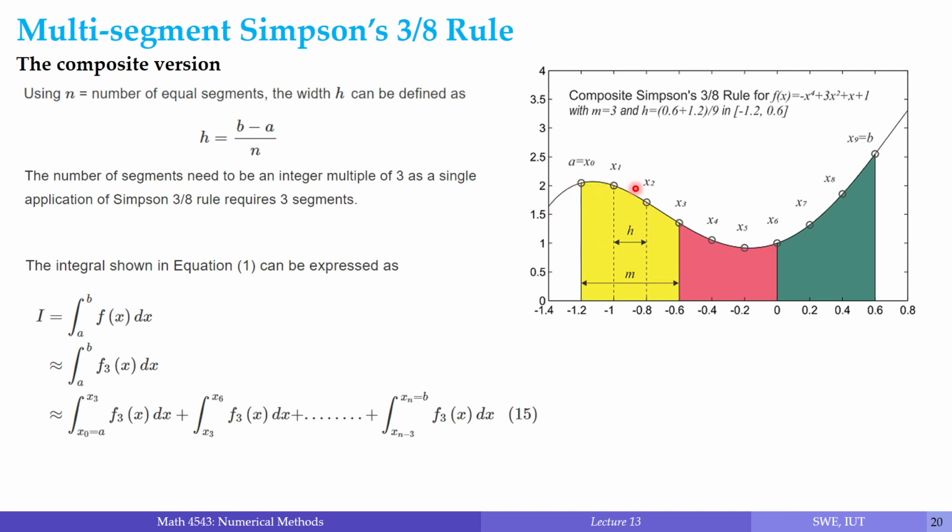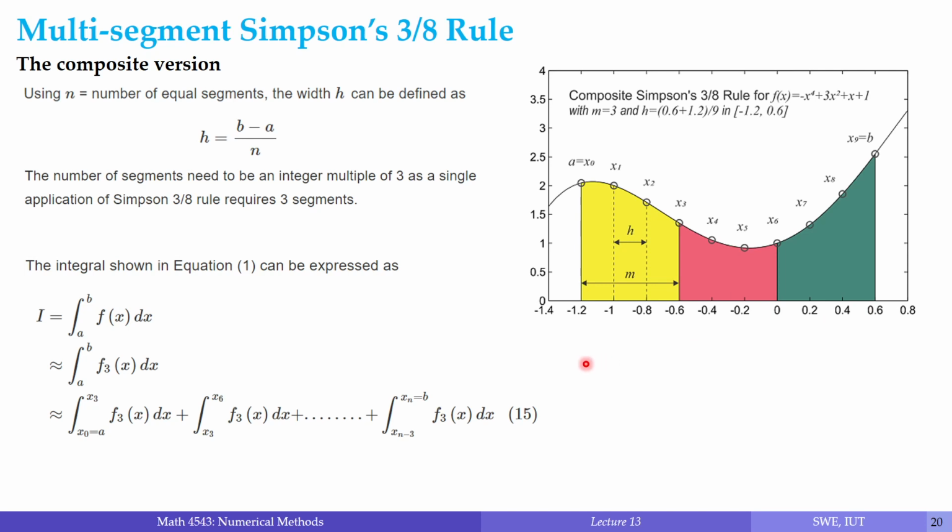We know that to come up with a third order polynomial, we need to use 4 points, right? So we will use this point, this point, this point, and this point to come up with a third order polynomial, and we'll calculate the area under that polynomial to approximate the area under the original curve from this lower limit to this upper limit. We'll repeat the same process for these three segments and these three segments as well.